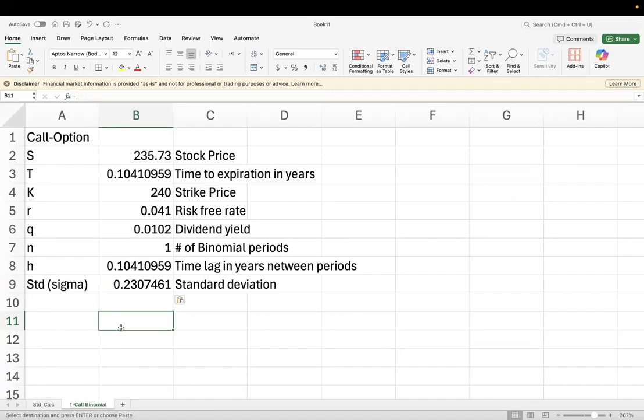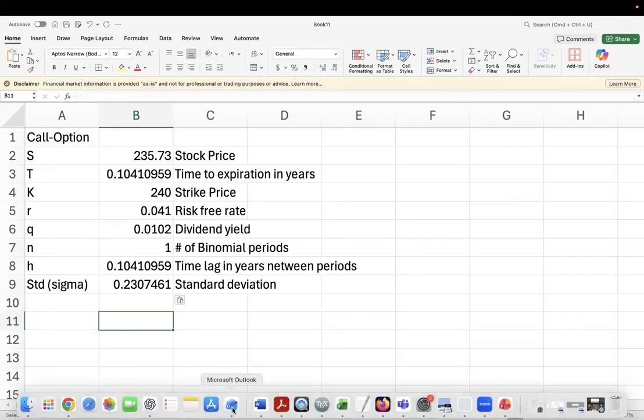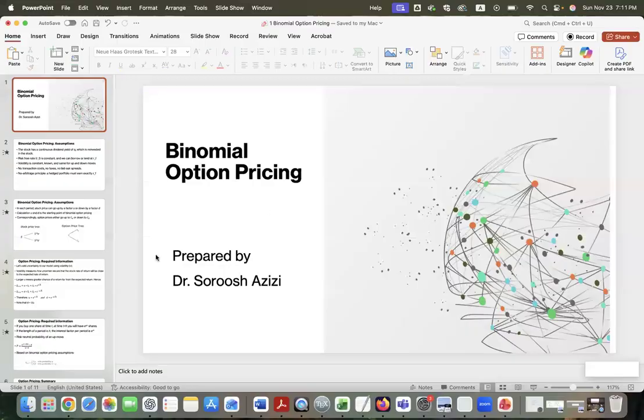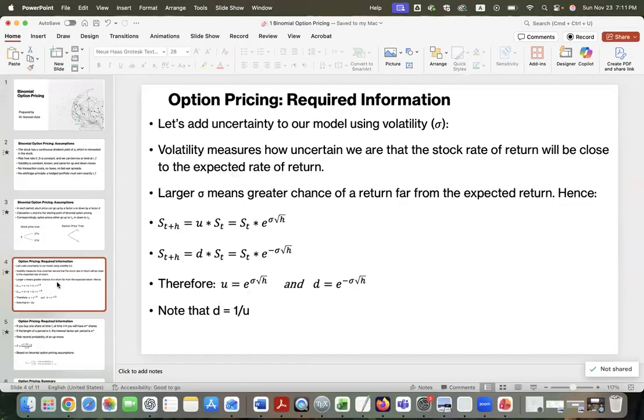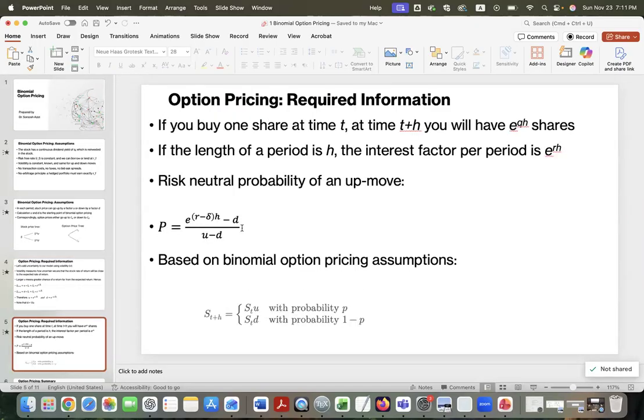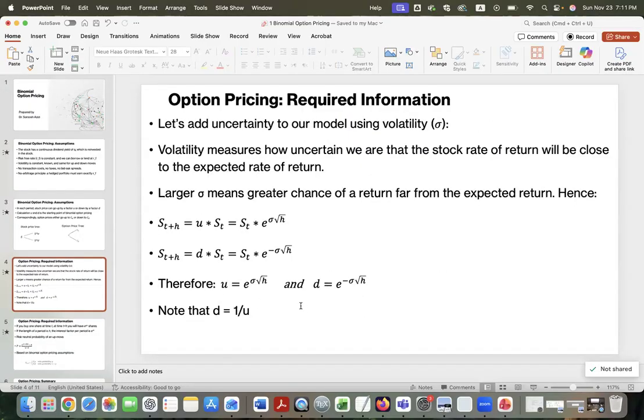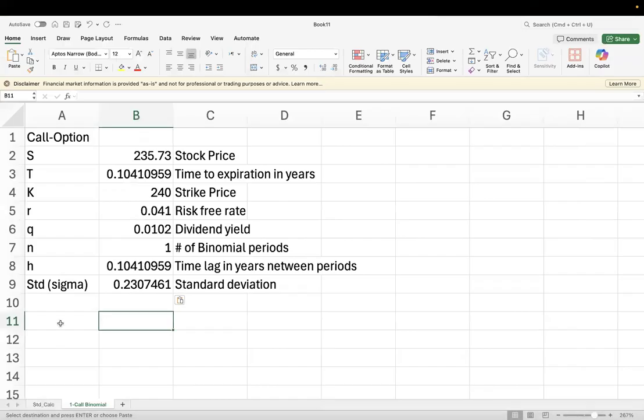Now, here in option pricing, the first things that you wanna calculate are these. Number one, U and D, and then number two, probability, and one minus probability. Okay, so the formula for U is e to standard deviation or sigma square root of H. So U, I'm going to calculate that here.